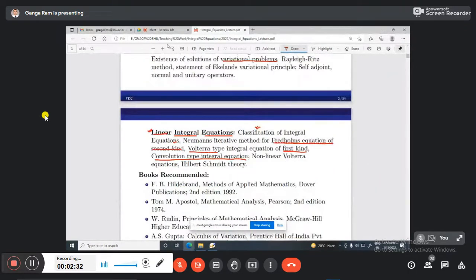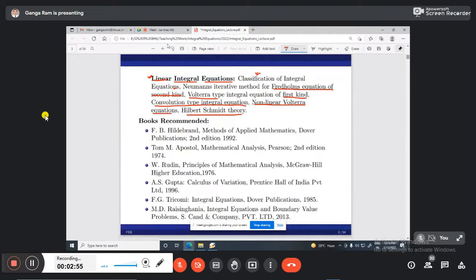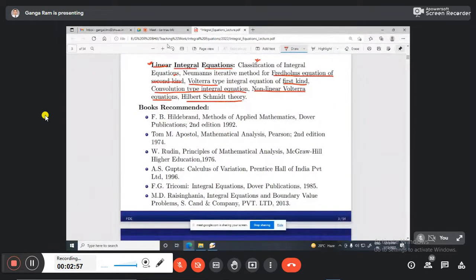And also non-linear Volterra equations and Hilbert-Schmidt theory. Okay, so this is the syllabus in mathematical methods. We recommend some books, and you can note these books, in which you can find all the topics of relevant contents.